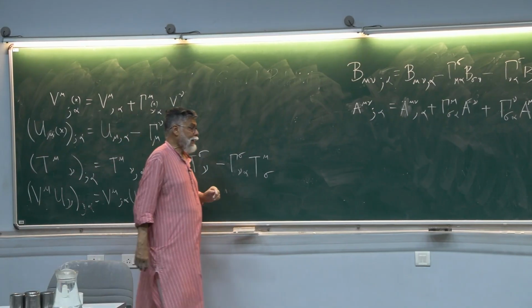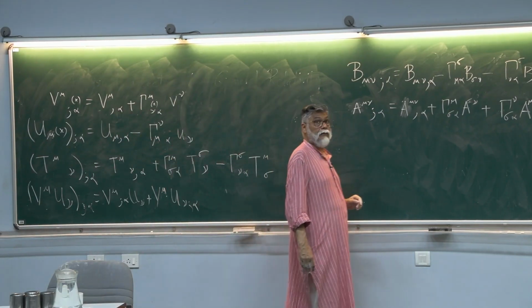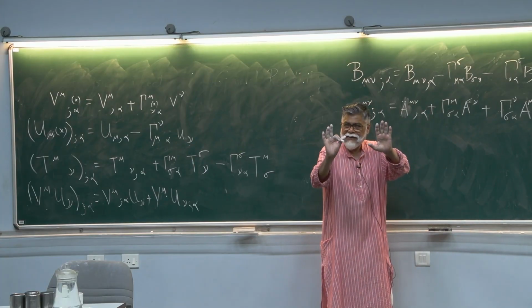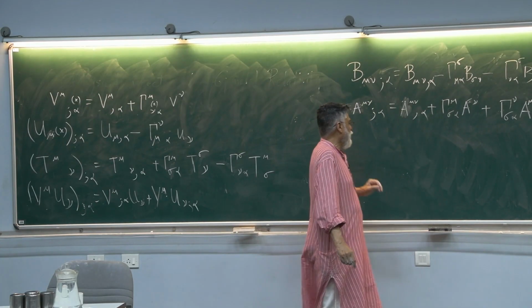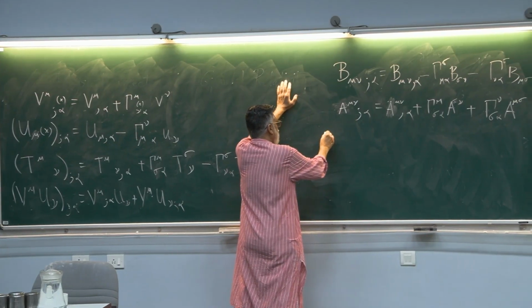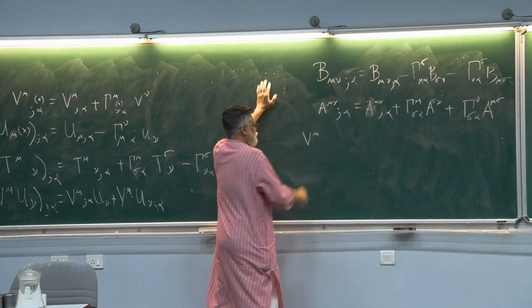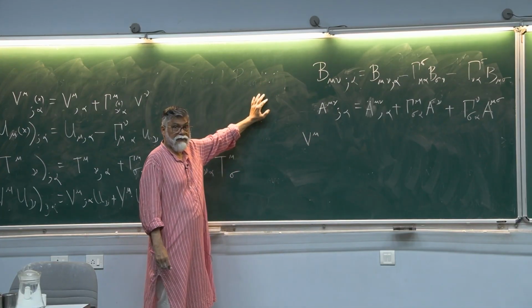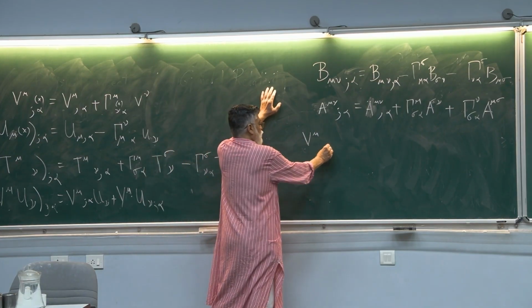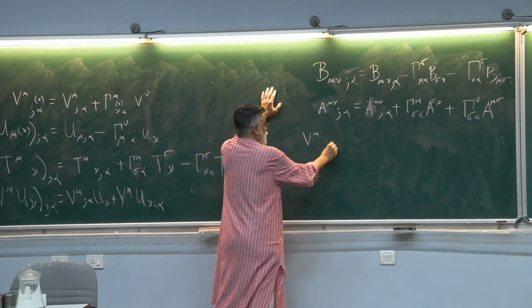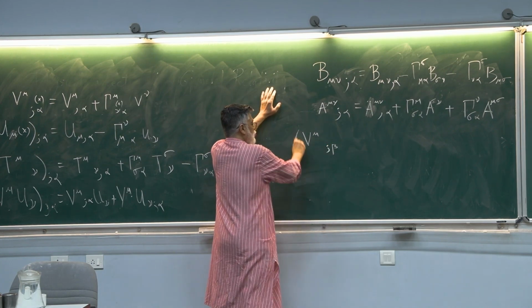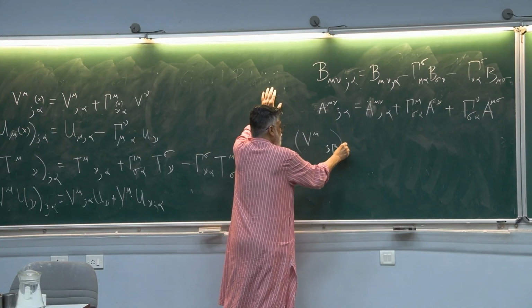Now, because I don't have time, I will only give you the result. It is very easy to prove. Prove that if you have a vector field V^μ, take a vector field V^μ. First, take its covariant derivative with respect to β. Then take the covariant derivative with respect to α.